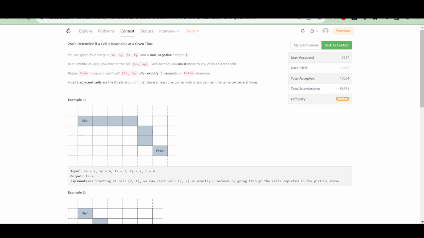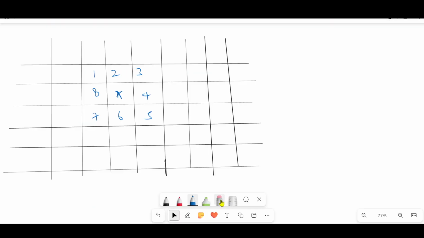Now let's understand how I have reached the approach. Suppose this is the starting cell, and this is the destination somewhere here.